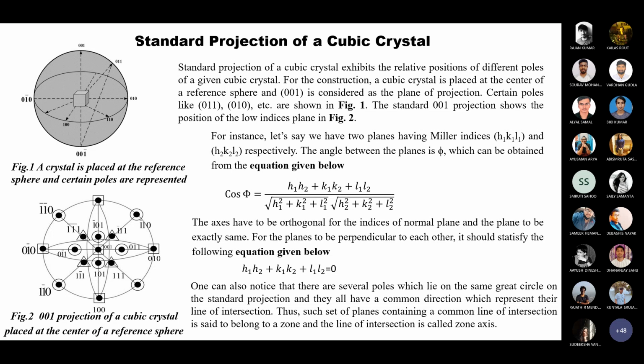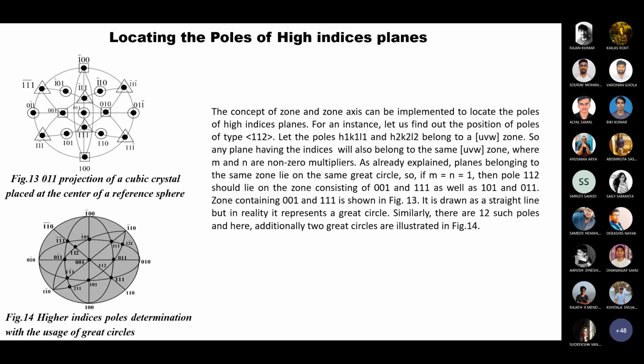In this way, you can get orthogonality or parallel plane conditions from this equation. And for high indices planes, how to locate them? That can be done after locating the low indices planes. Then you slowly construct the normal to the plane, and you can understand the concept of zone axis, because the concept of zone and zone axis can be implemented.